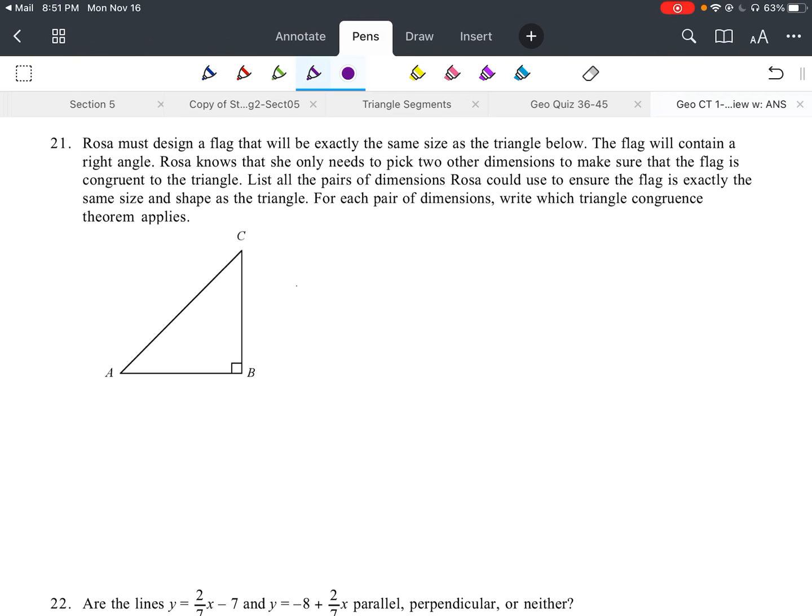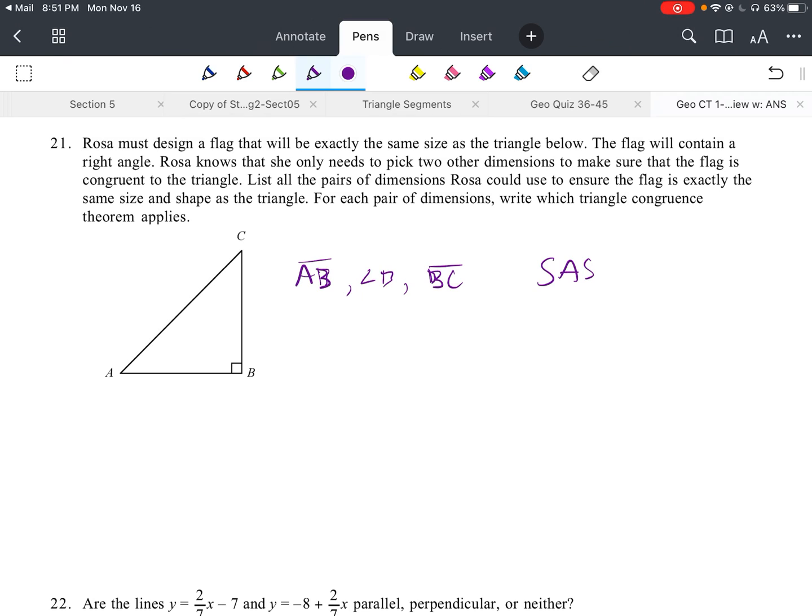So if I had A, B, and if I knew what that was congruent to, so if I have AB, I've already got the right angle, so then angle B, and I've got BC. Okay, that's SAS. So if I had that, I would be good. So there's one of them.